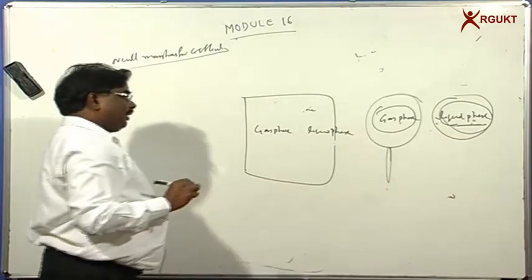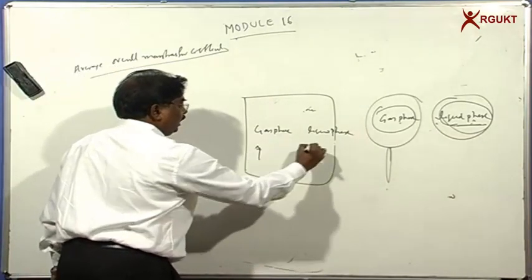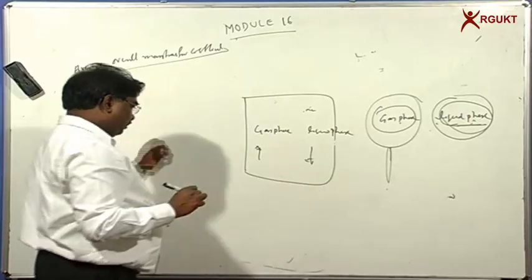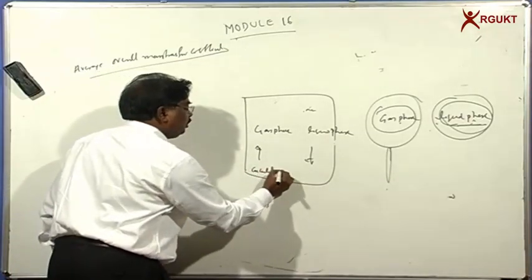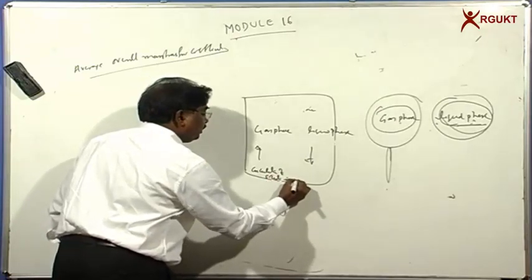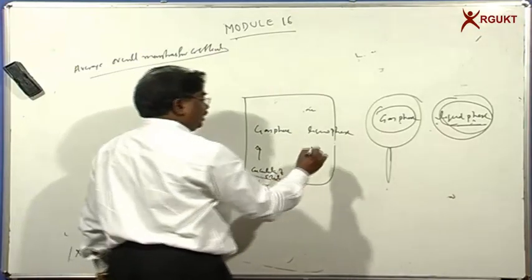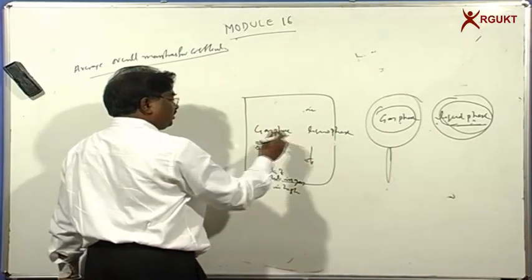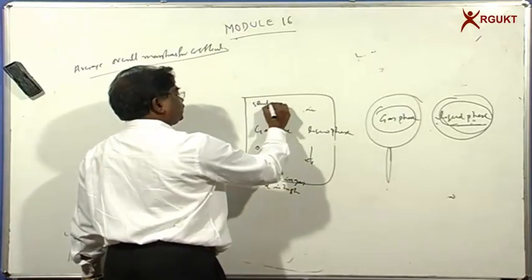So what is happening here? The gas phase is going up, the liquid phase is flowing down. So here the concentration of solute in the gas phase is high, and here, because some solute has transferred from the gas phase to the liquid phase, the solute concentration is less.